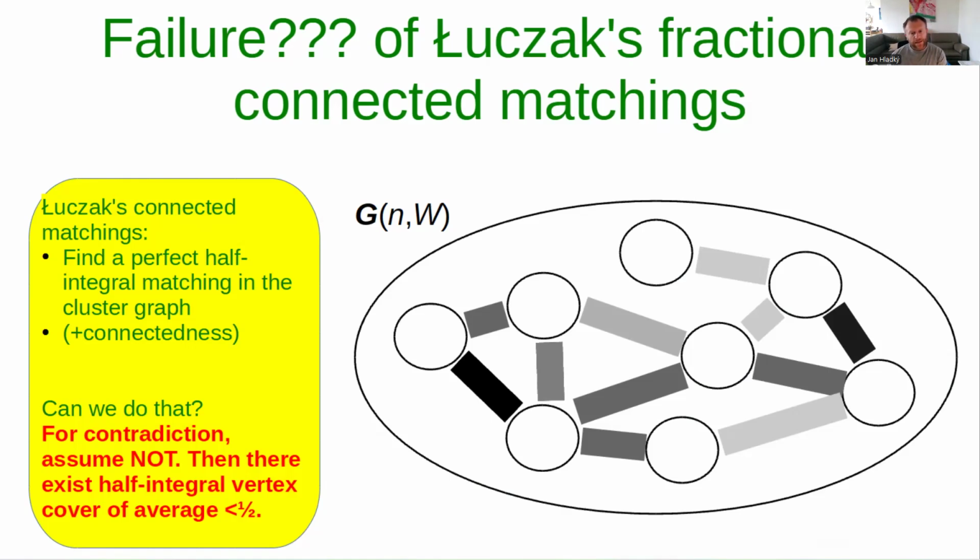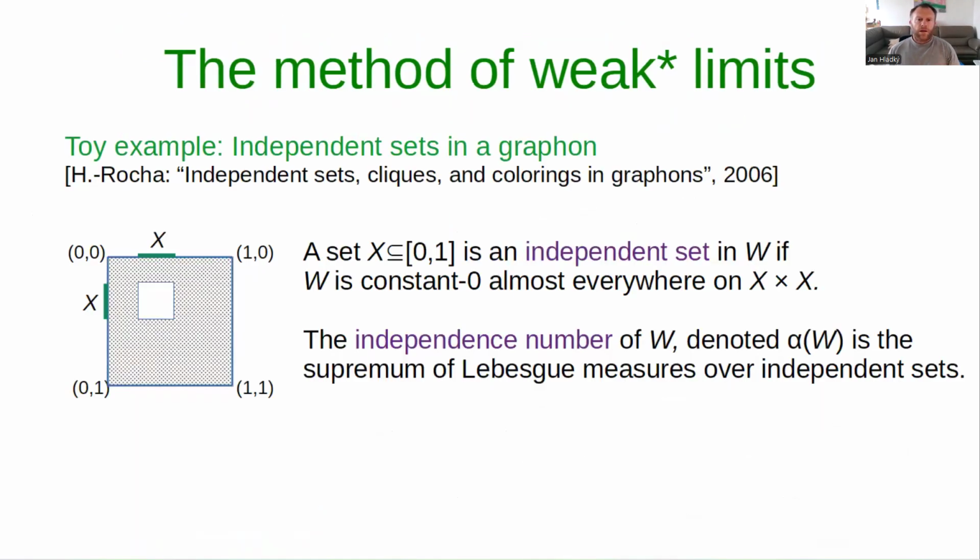To do this, we need a way to relate structures in finite graphs to structures in the continuous graphon. So we use the method of weak star limits. To introduce the method of weak star limits, let's look at a simpler toy example.